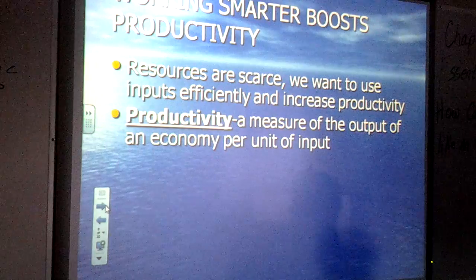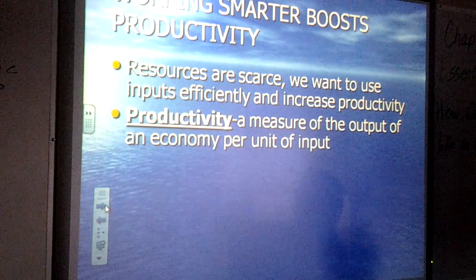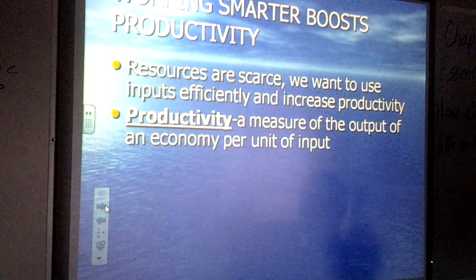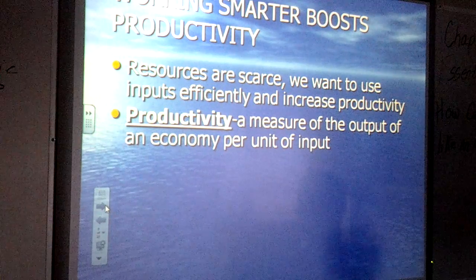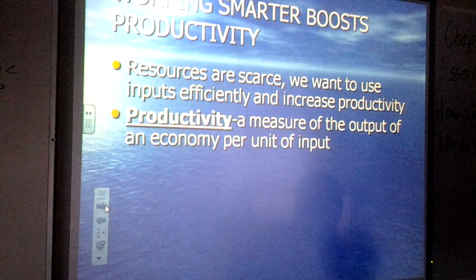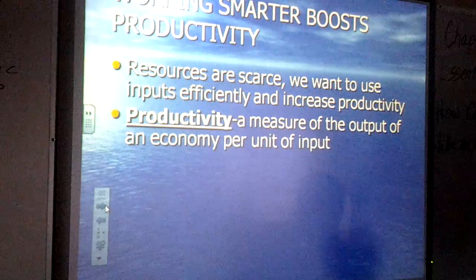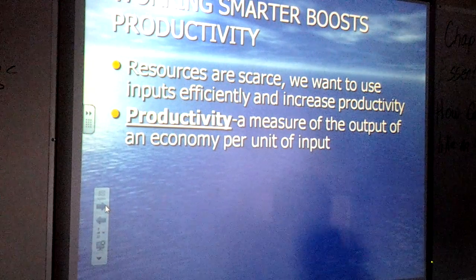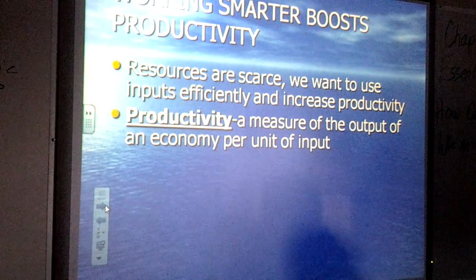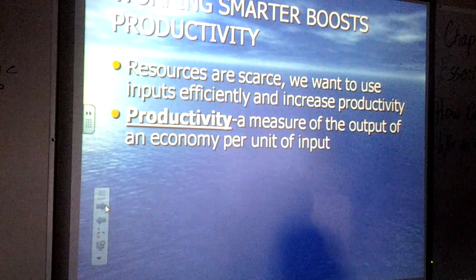So when you're looking at working smarter, what you want to do is look at what productivity is, which is the measure of the output per unit of input. So I'm inputting a certain amount of resource, how much output am I getting from that resource?